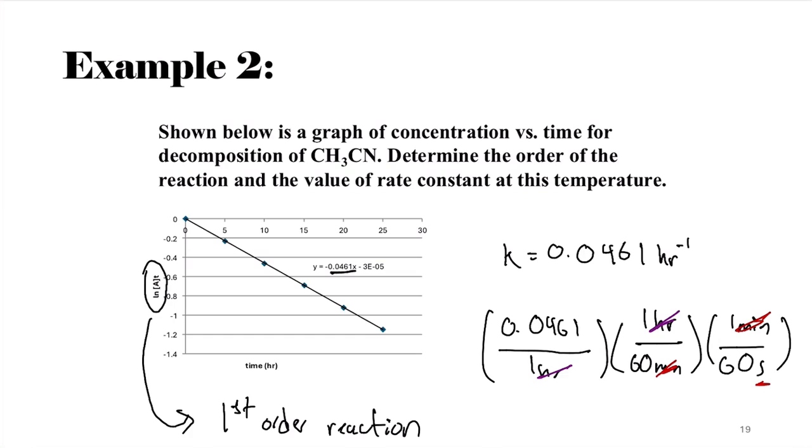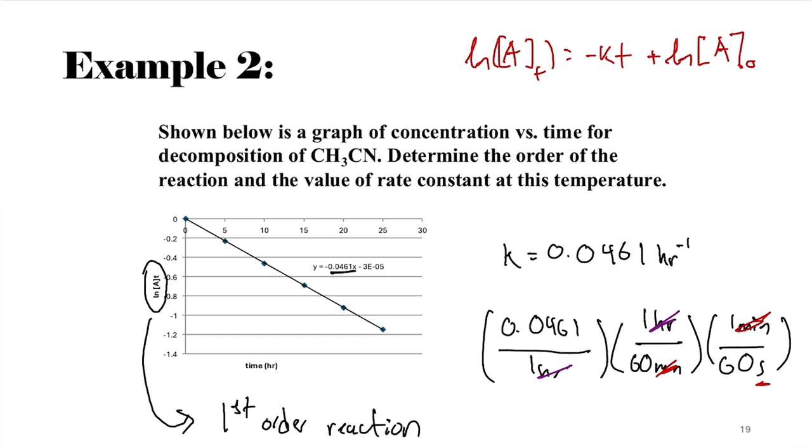And so I guess in a way I did include the negative, because technically the actual equation for a first order reaction is ln A at time t is equal to minus kt plus ln initial concentration.